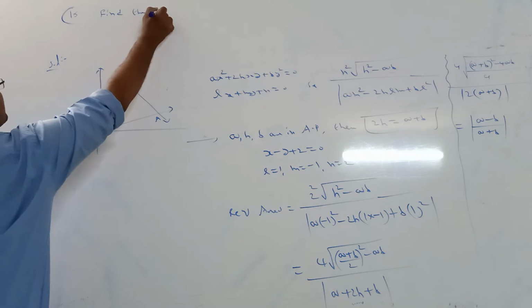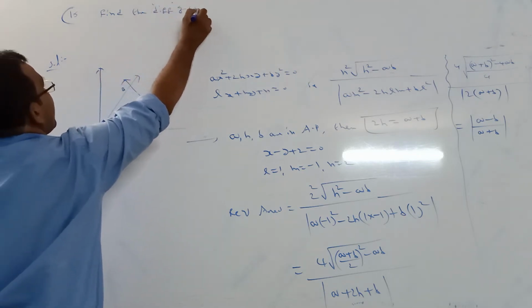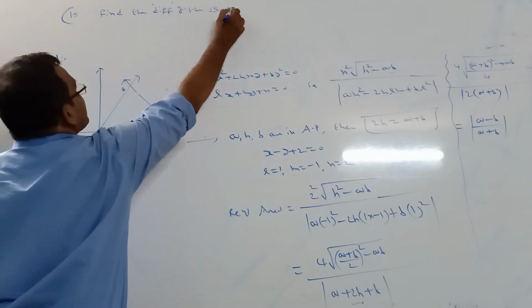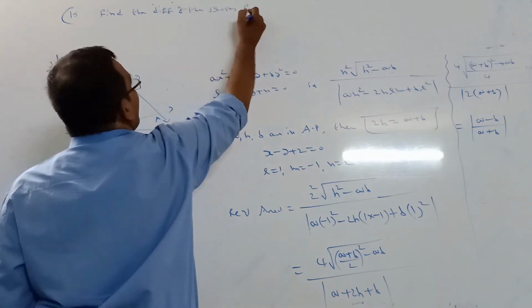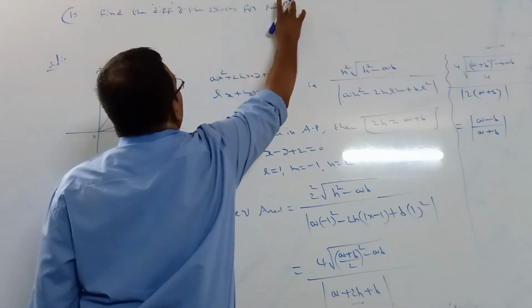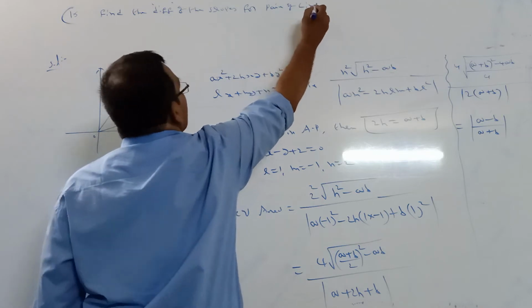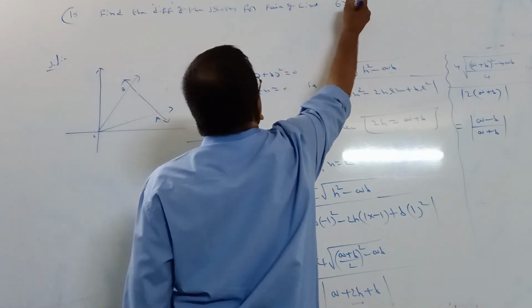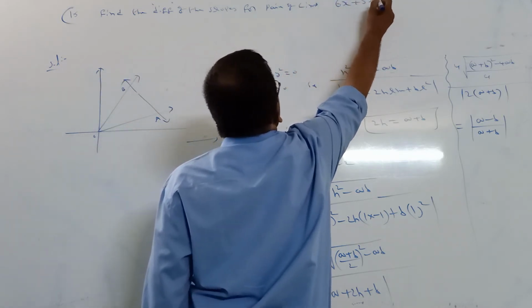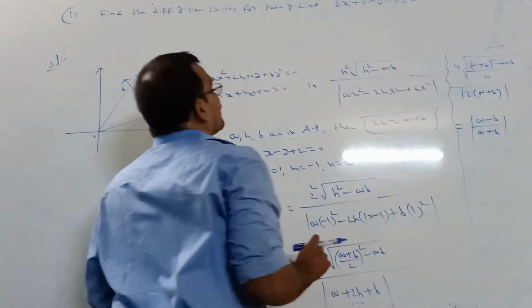Find the difference of the slopes for the pair of lines 6x square plus 5xy minus 6y square equal to 0.